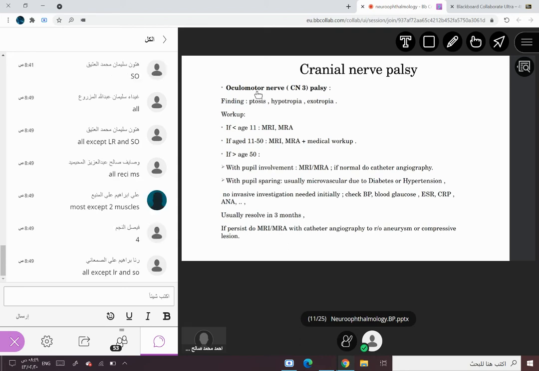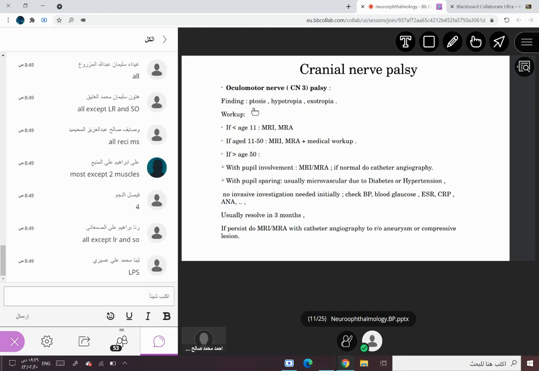I want you to imagine the action. What will happen if we have third cranial nerve palsy? So we will have ptosis, hypotropia, and exotropia.